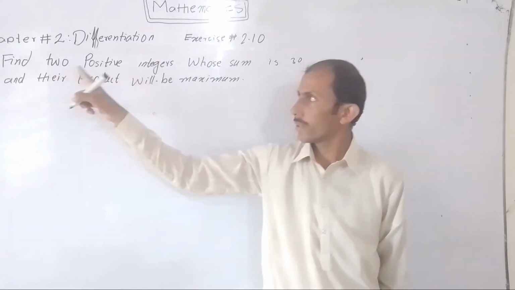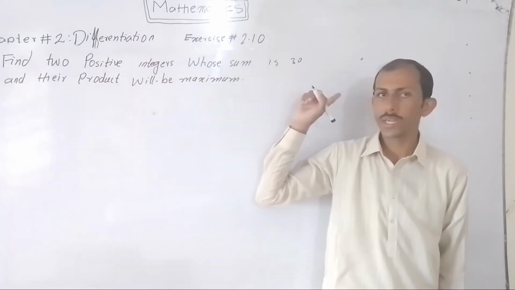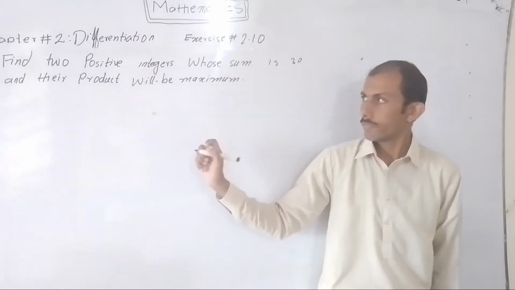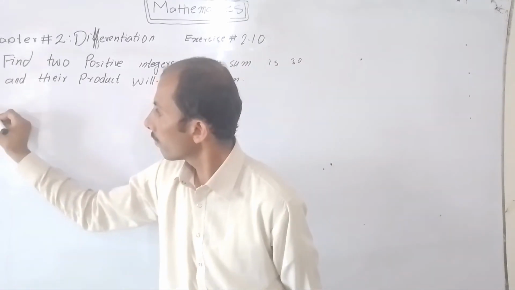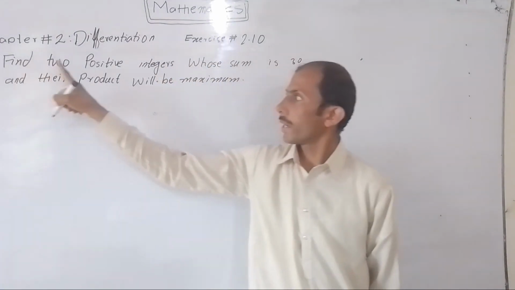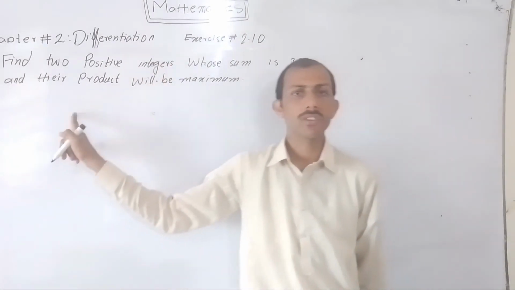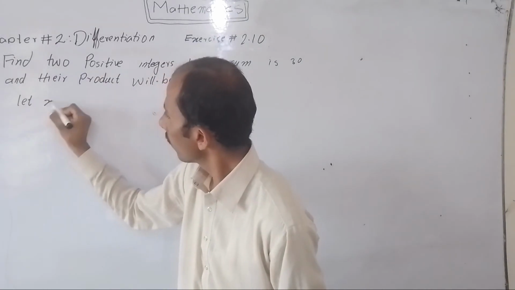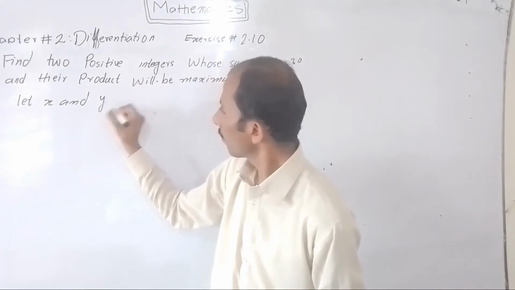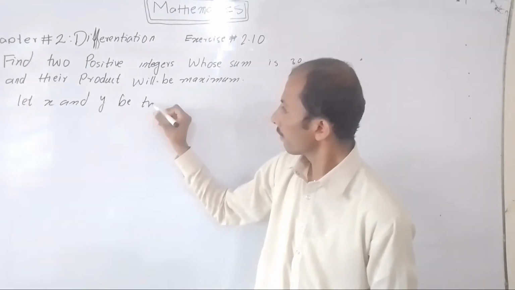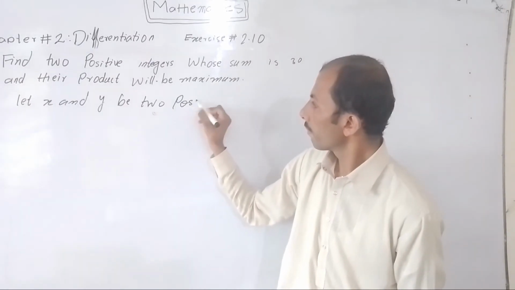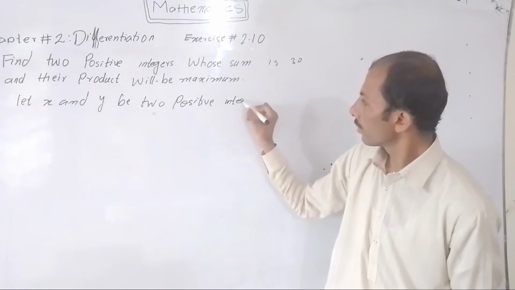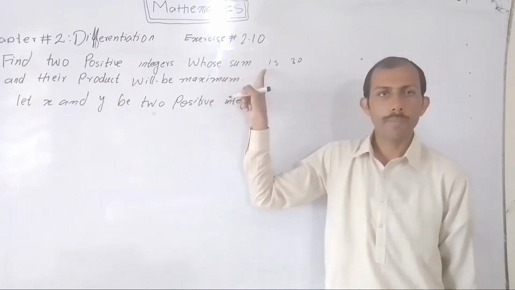Question 1. Find two positive integers whose sum is 30 and their product will be maximum. Solution. Let x and y be two positive integers whose sum is 30.